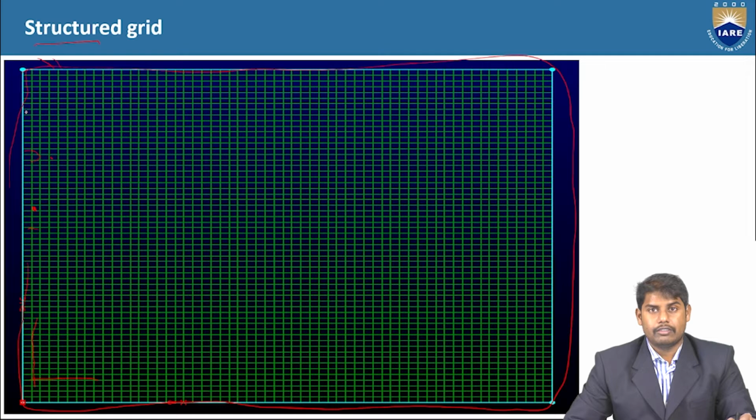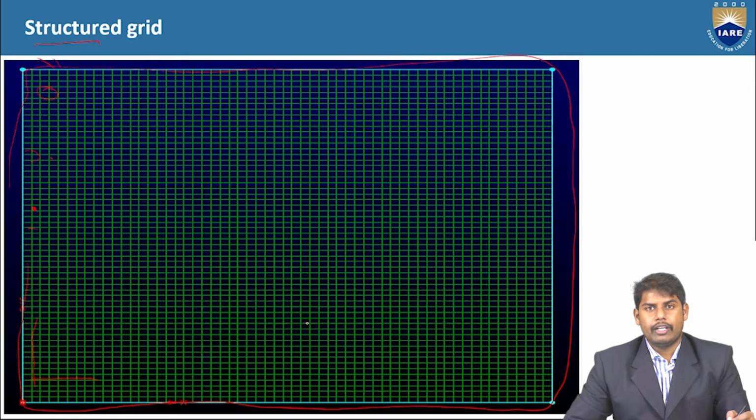Here you have this boundary, which we can say is a rectangular boundary, and inside the domain there are subdomains. Inside the domain you have these square, rectangular or quadrilateral shaped entities. So basically the boundary of the entity is called the domain.